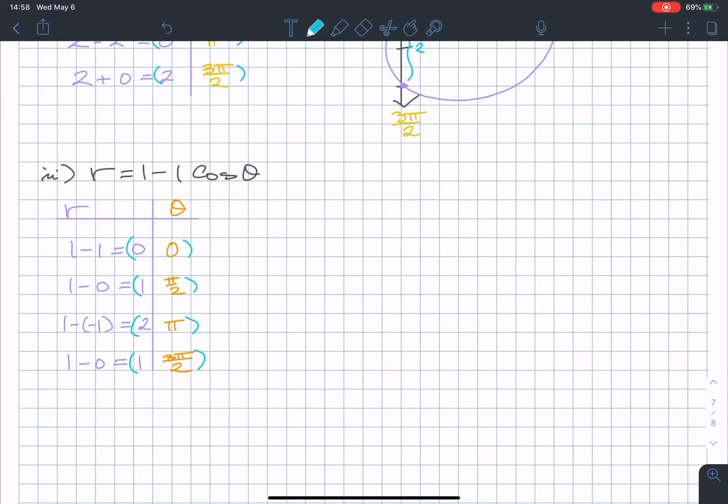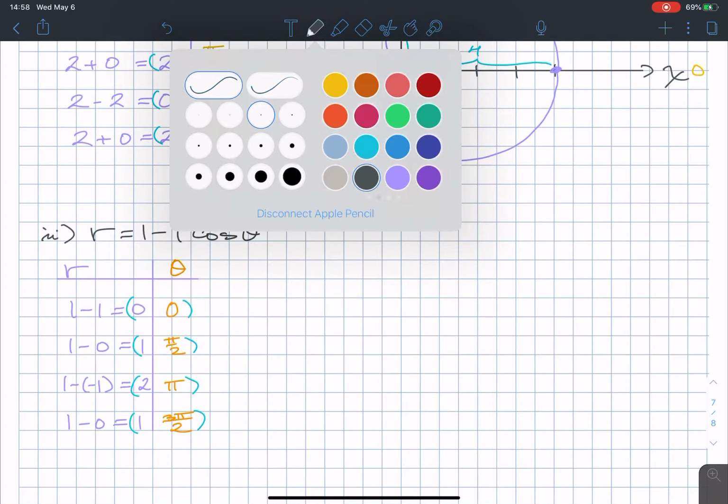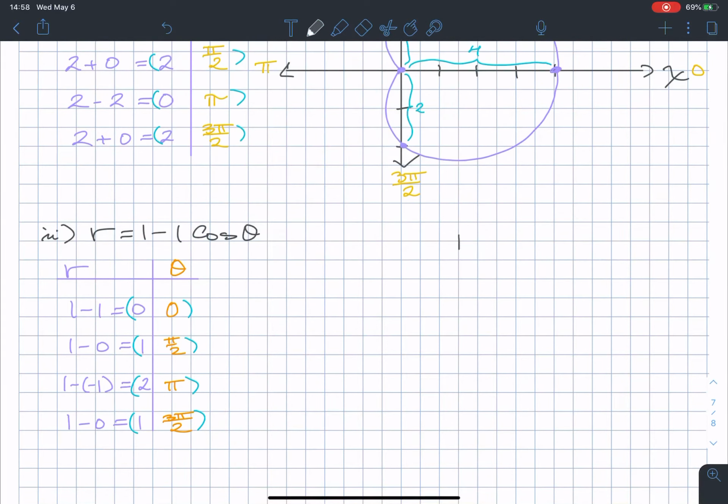And let's see if this is indeed left, because it's minus cosine, with a large radius of twice a. Well, a is 1 in this case. So x and y. Okay, so we have angles of 0, pi over 2, pi, and 3 pi over 2.